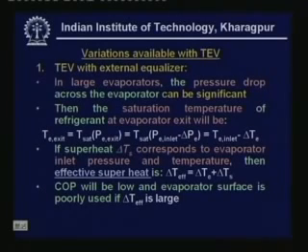What it means is, let us say that you have selected a thermostatic expansion valve which senses the inlet pressure of the evaporator, and the exit pressure of the evaporator is sensed by the power fluid, and the degree of superheat is fixed accordingly. So if there is a large pressure drop across the evaporator, then the evaporator exit pressure will be very low, and the corresponding saturation temperature at the exit also will be low.